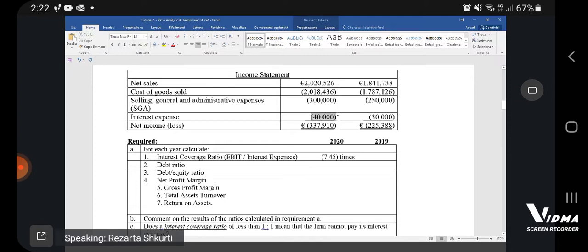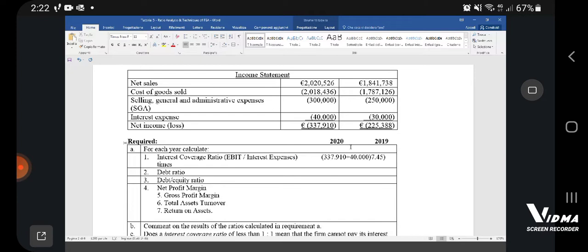Okay? So for example, for 2020, it will be 337 plus 40,000. That would be divided by the interest expenditure, which is 40,000. Okay? That would be equal, I'm just illustrating.